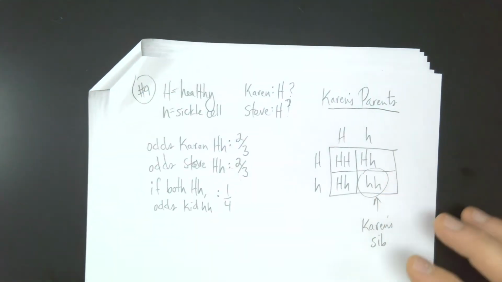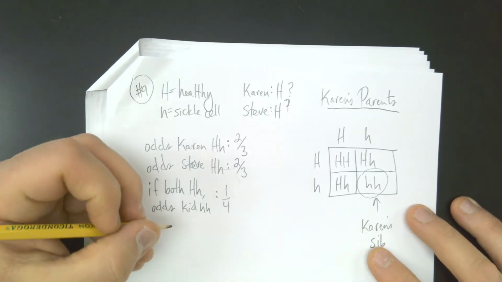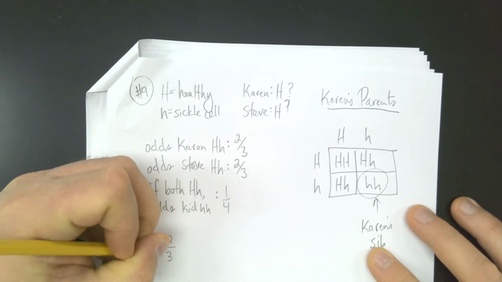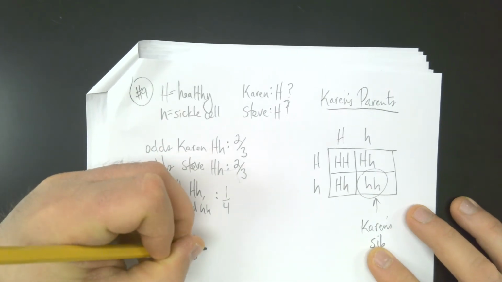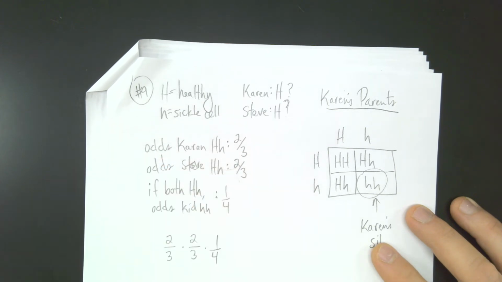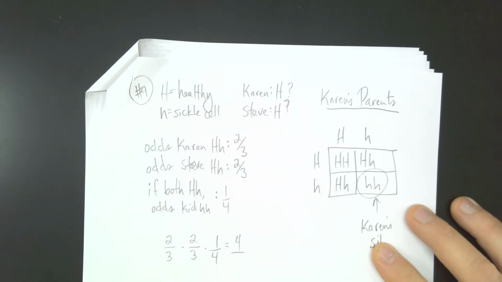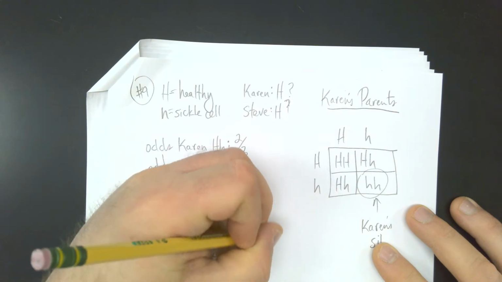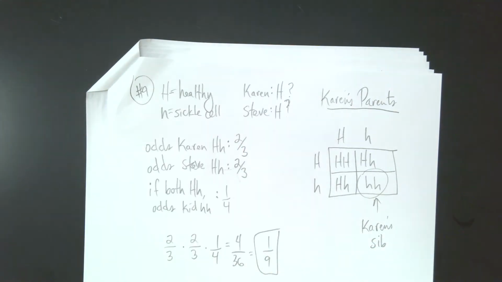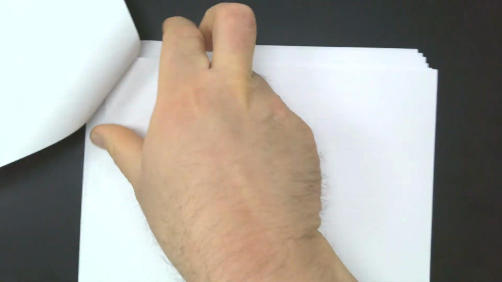Since Karen is an independent event, Steve is an independent event, and a kid would be an independent event, we can multiply those odds together. So here are the odds that Karen is a carrier, the odds that Steve is a carrier, and the odds that if they are carriers, their kid would have it. So that is 4 over 36, which equals 1/9. Overall, the odds are 1 in 9 that Karen and Steve could have a kid with sickle cell disease, knowing what we know. So that's sort of fun to work through.